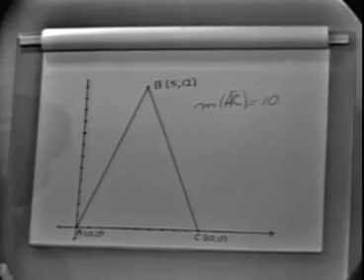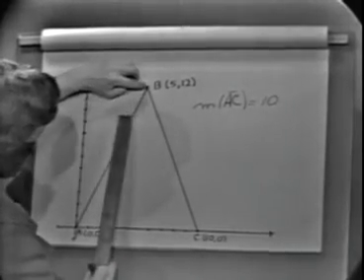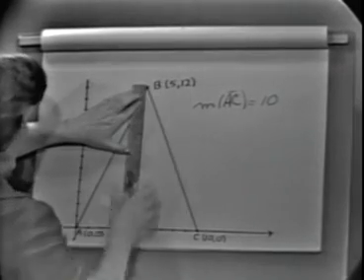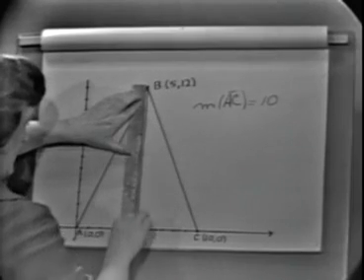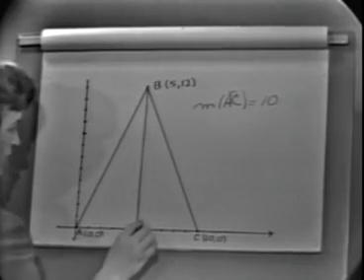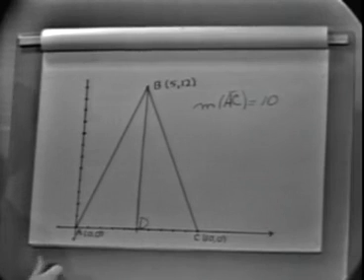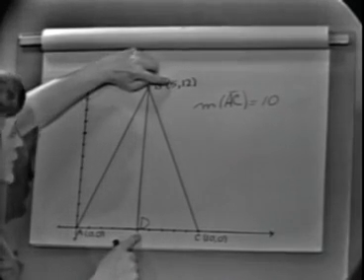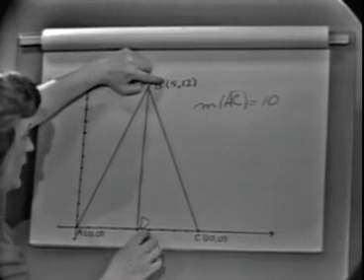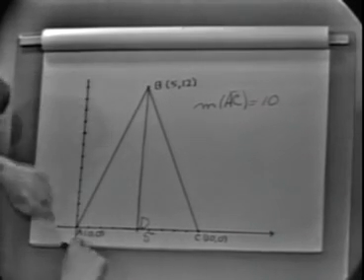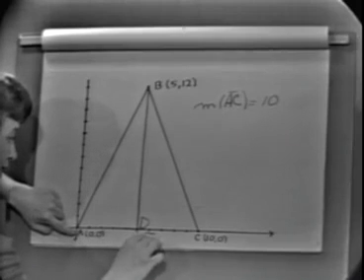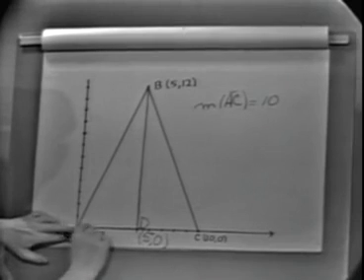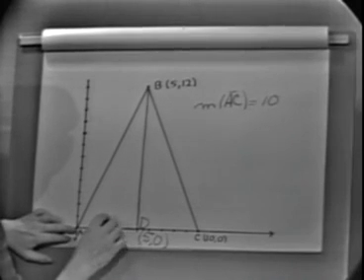Suppose we draw a line from vertex B perpendicular to the opposite side. We'll mark this point of intersection D. What are the coordinates of D? It's on the same vertical as B, its first coordinate 5, and the same horizontal as A, its second 0. The measure then of this segment would be 5.